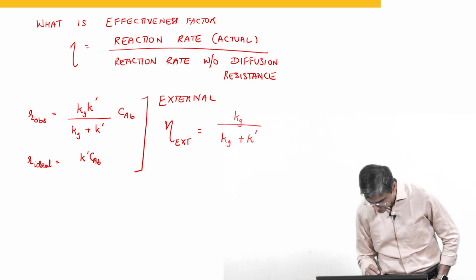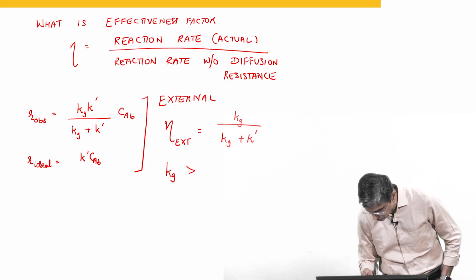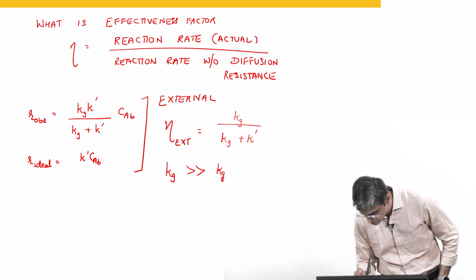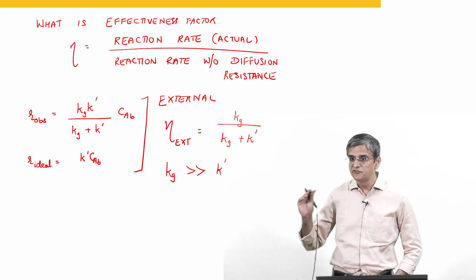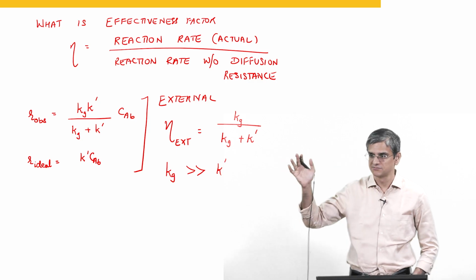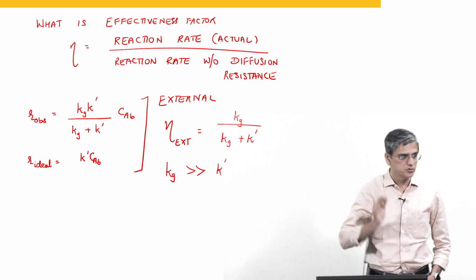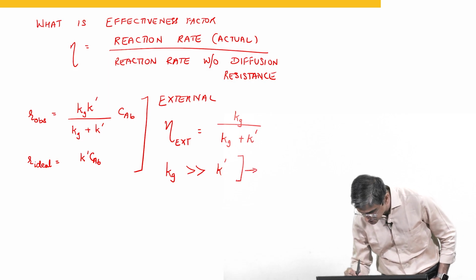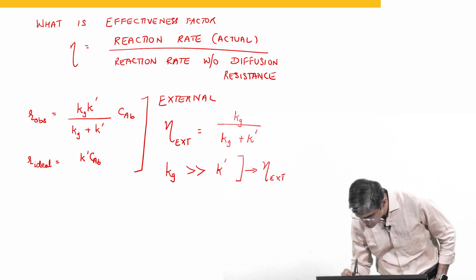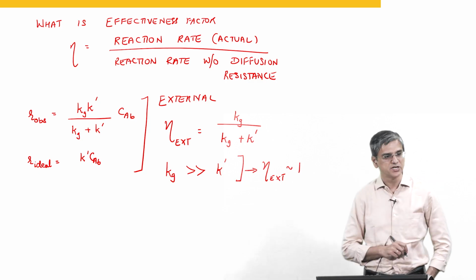Okay. If Kg is very large, what does that mean? Diffusion is very fast compared to reaction. If diffusion is very fast compared to reaction, eta ext is approximately 1.